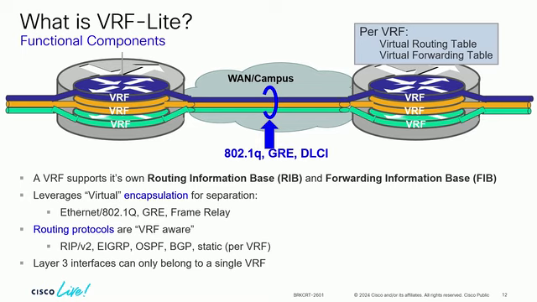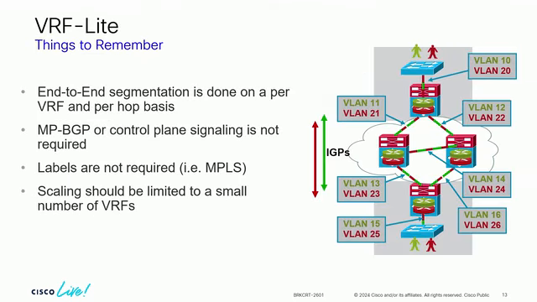You could do the trunking, the frame relay, any routing protocol you have can be VRF aware based on just saying, oh, I'm going to add this particular command or two. Layer 3 interfaces can only belong to a single VRF, which means you can have separate VRFs for every interface, but you can't have one interface in two, right? Which is common, right? So there's some things to remember.